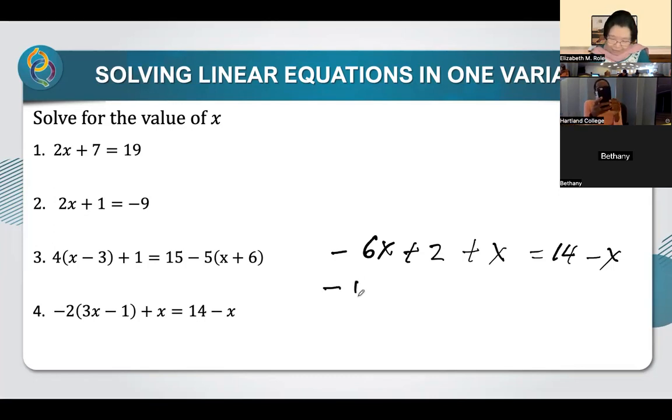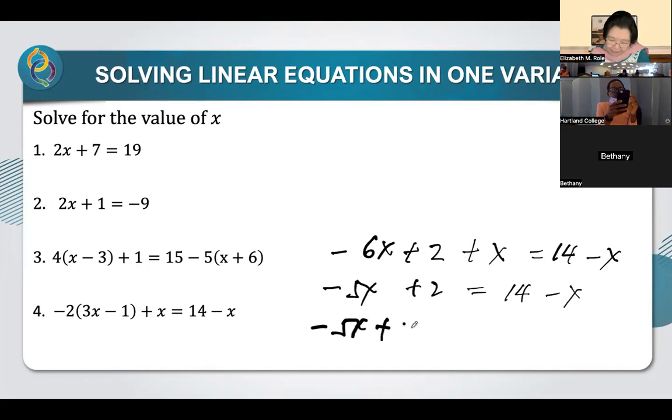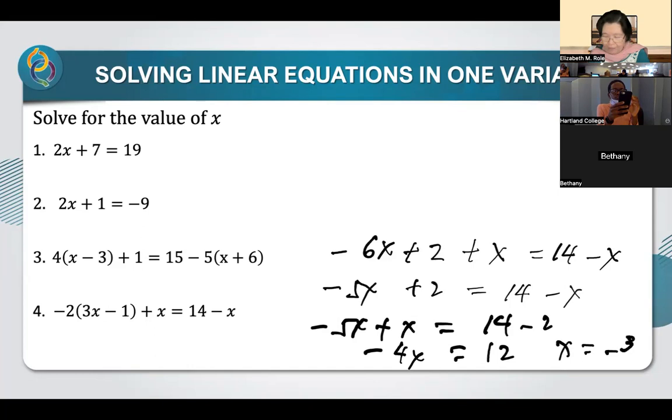So actually we now have 5x minus 5x if you add minus 6x plus 2, plus 2, just to do it step by step. Then minus 5x plus x is equal to 14 minus 2, which gives you minus 4x is equal to 12. Therefore, x is equal to minus 3. Divide both sides by negative 4.